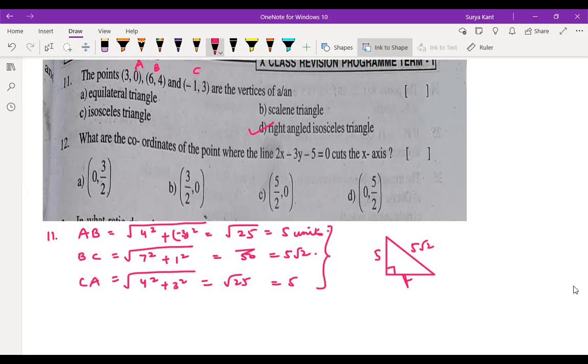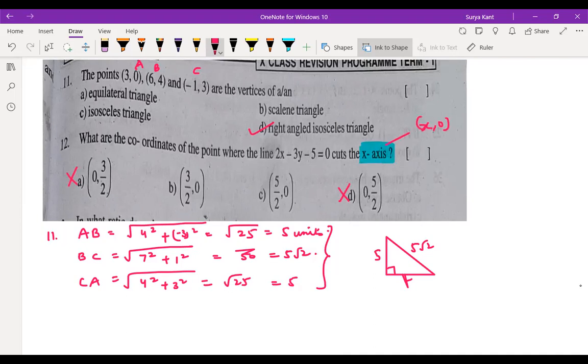What do you mean by cuts the x-axis, children? C is the correct answer, sir. You are saying C is the correct answer? Okay, what do you mean by cuts the x-axis? It crosses the x-axis or touches the x-axis at that point. Cuts the x-axis means your coordinate should be x comma 0, correct? Yes. So the first option A will be directly cancelled, right? This will never be possible, right?